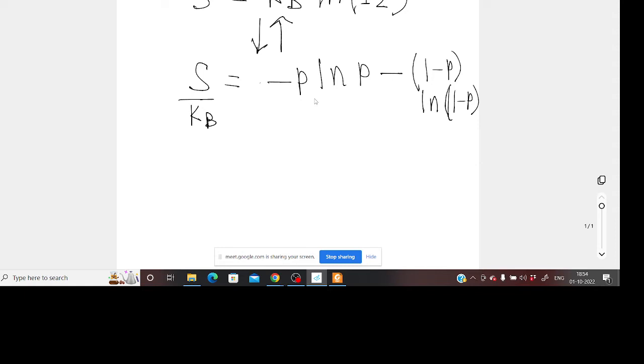So this equivalence is valid only for the large n limit, right? This is clear why the large n limit is important? No, sir. Can you explain?